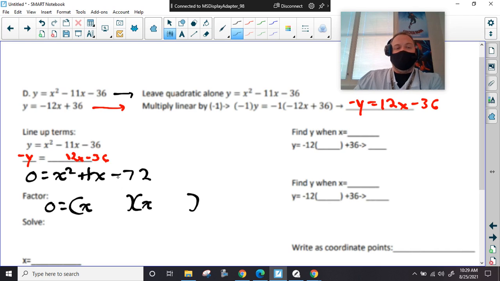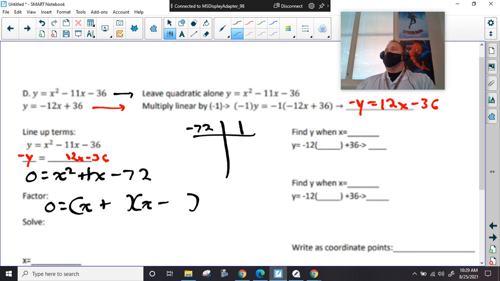Now, this negative sign tells us our signs are different. This tells us our bigger number is positive. Now, this is kind of what we did yesterday. What numbers do you know that will go into 72?